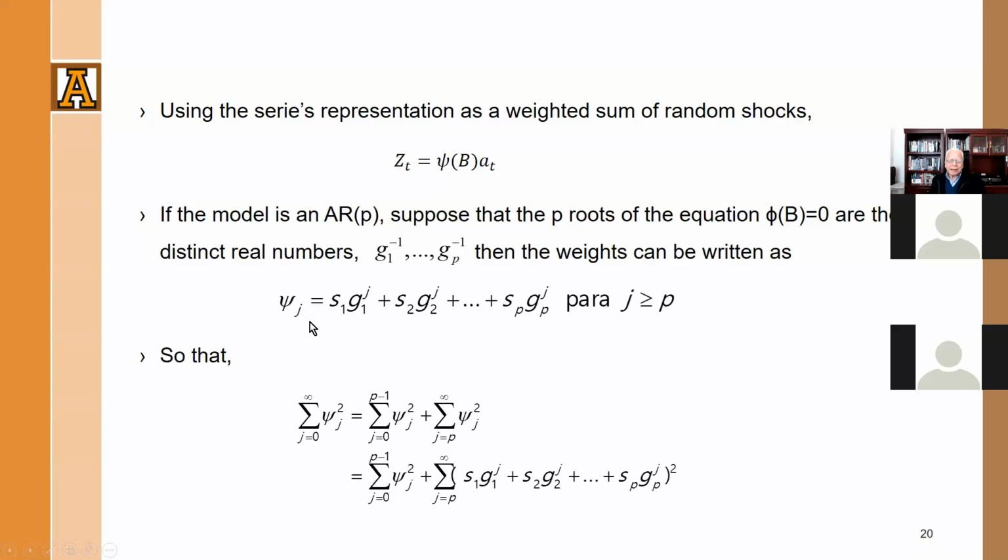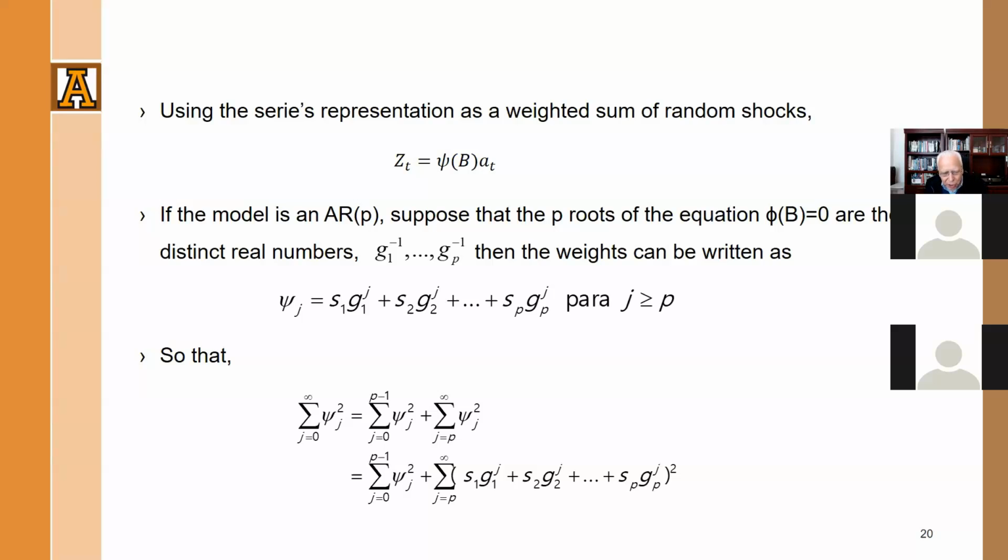So if we now use the sum of psi j squared from j equals 0 to infinity, we split that sum in two parts, the way we did before: the psi weights up to period p minus 1, and then the psi weights from j equals p to infinity.